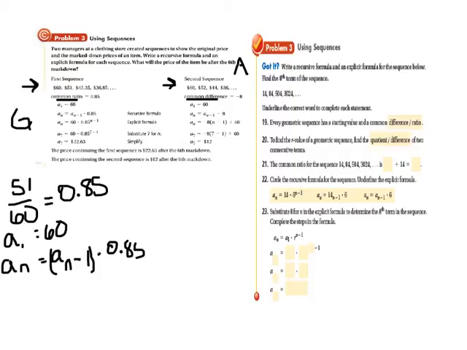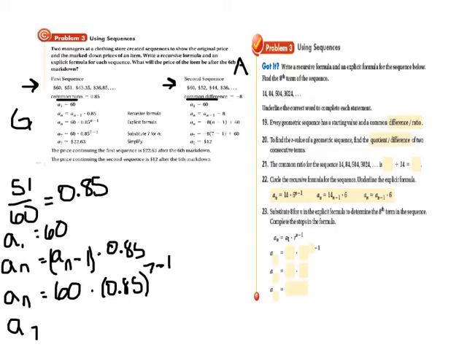Alright, our explicit formula is going to be a sub n equals 60, because that's our first term, times our rate, which is 0.85, to the n minus 1 power. Because we're looking to be after the 6th discount. And this one is actually the most useful to us right now because we can plug in what we know.